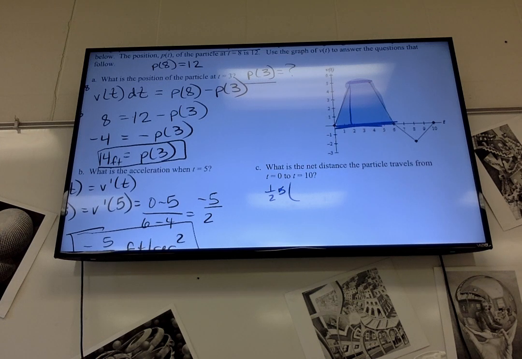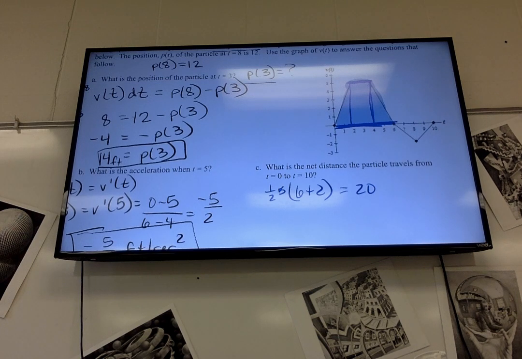On the bottom it's 6, and on the top it's 2. So that's 8 times 5, 40 over 2, which is 20. Or I can just multiply 10 times 2. So the area of the big blue shape is 20.